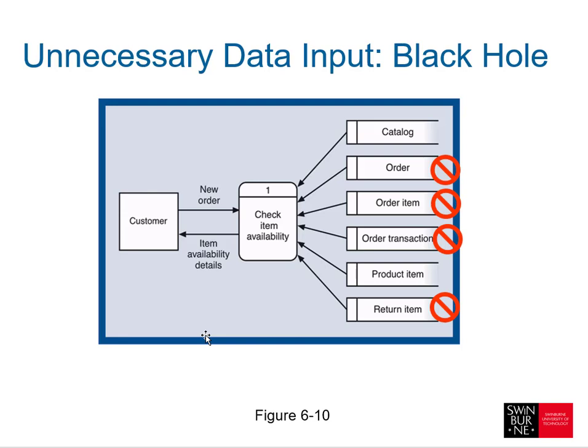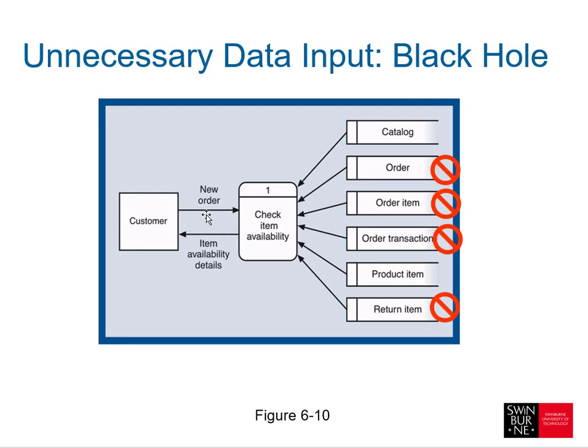Right, now this example shows you the black hole. You can see here, this is one fragment. Check item availability. Now the customer is the external agent. The customer is sending the order information, and then the system is producing item availability details back to the customer.